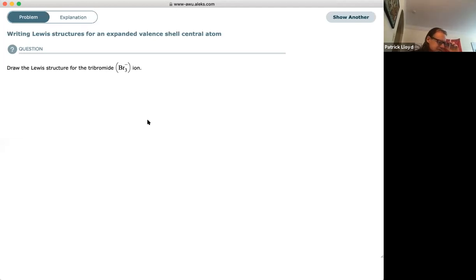So practice, look for tutorials and stuff like that. If you really have a problem, contact support. Probably can't do this on a phone, I would assume. So draw the Lewis structure for Br3 minus, right? It tells you it's an expanded octet of the central atom, right? So let's take a look at that one.